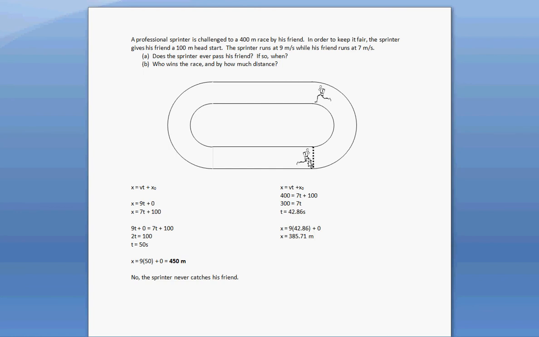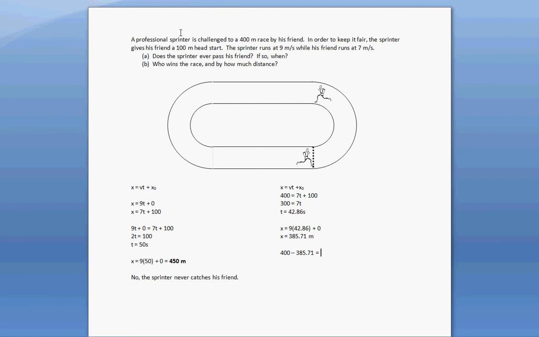So this is the position of the sprinter after this much time has passed, which we happen to know is when his friend hits this mark. So his friend is at the 400 meter mark. The sprinter is only at the 385.71 meter mark.